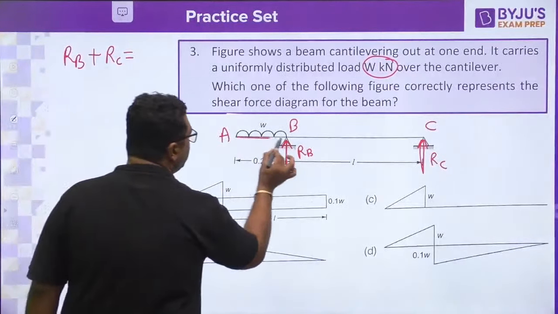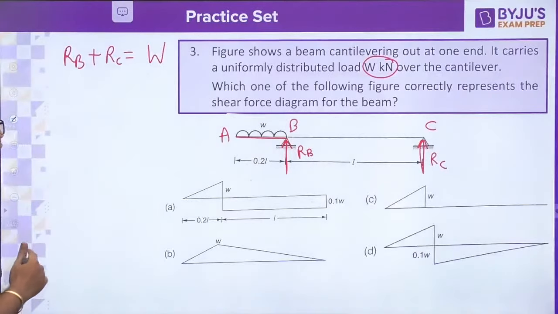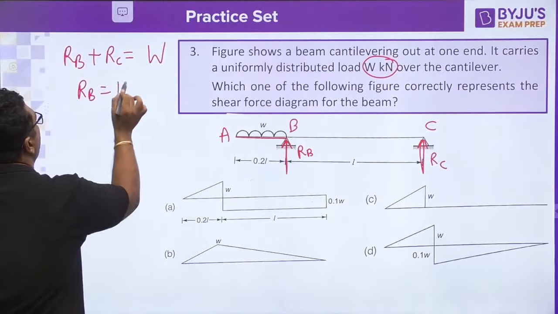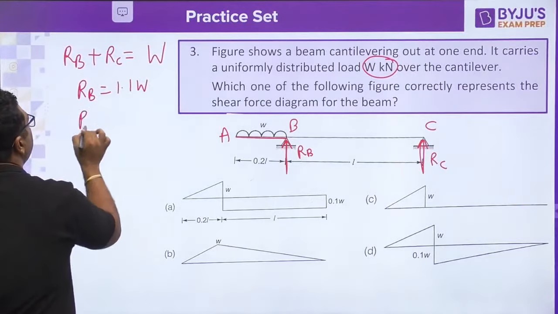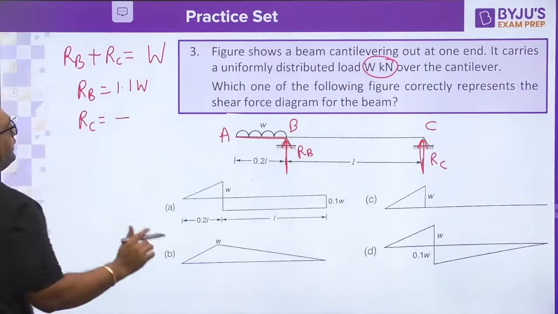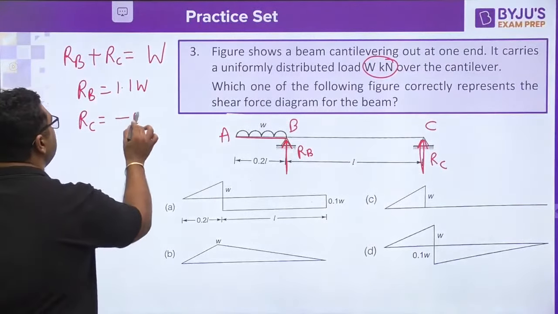This total load is W. So when you solve it, RB comes out to be 1.1 W and RC comes out to be minus 0.1 W.